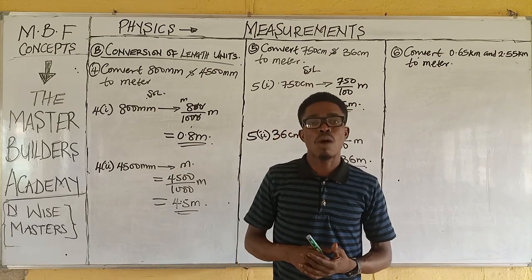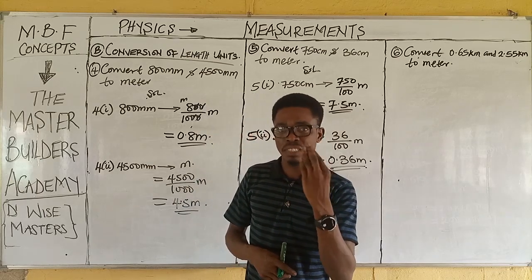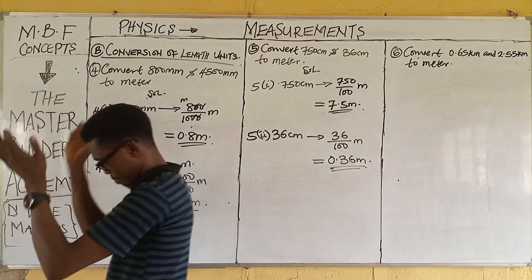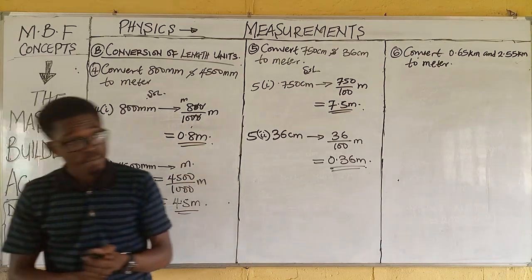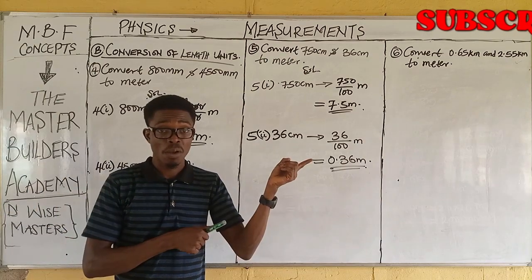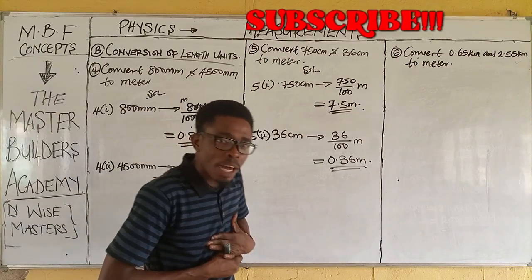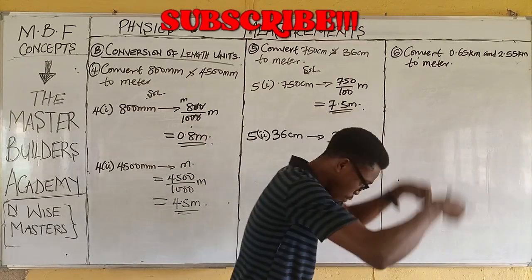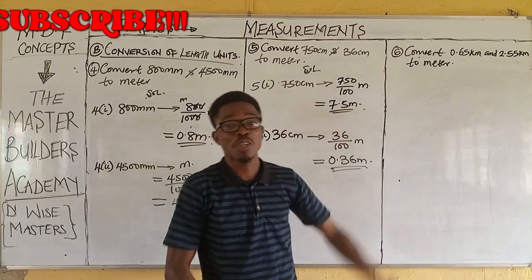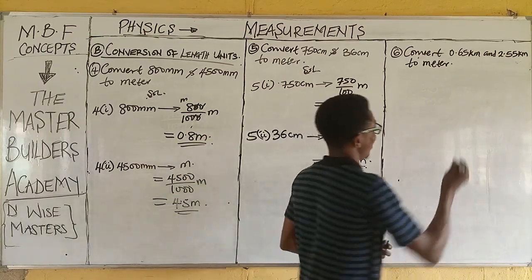So anytime you are converting from kilometer to meter, you simply multiply the given value by 1,000. Because kilo means 1,000, which is 10 raised to the power 3. If this is understood, I leave the question for you to solve. Alright, don't be afraid. Let's solve it together.